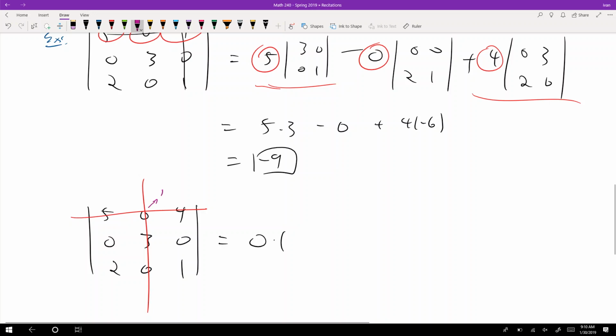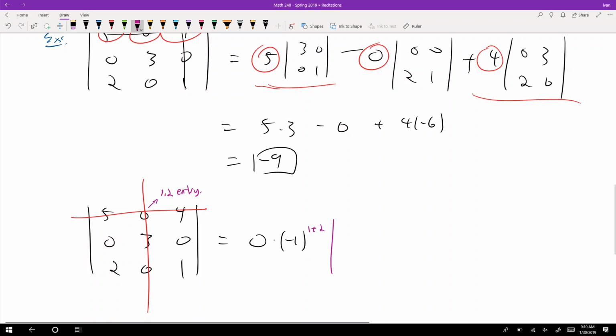The 0 is the 1, 2 entry. It's in the first row, second column. So I have to multiply this by -1 raised to the 1 plus 2. This is why, when you did the cross product in 114, you had that -j. It's the exact same reason. So it's 0 times -1 to the 1 plus 2.